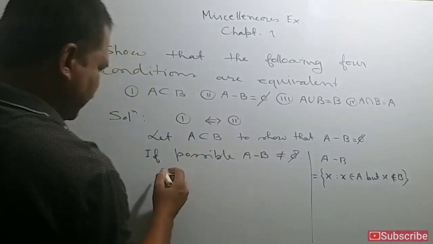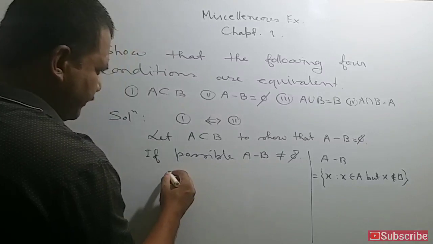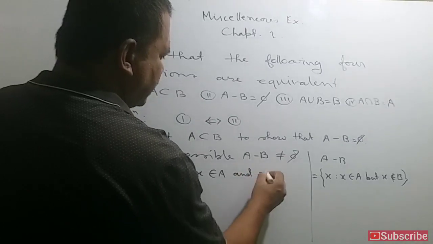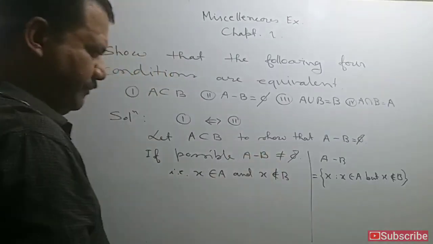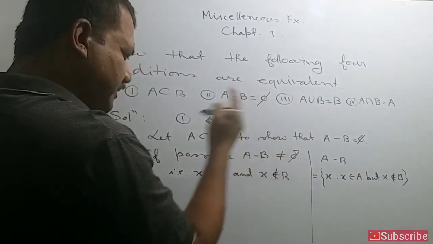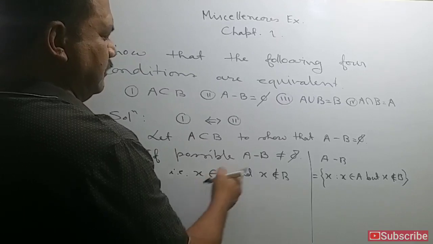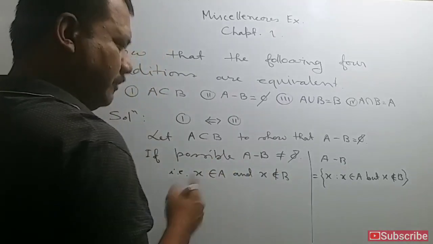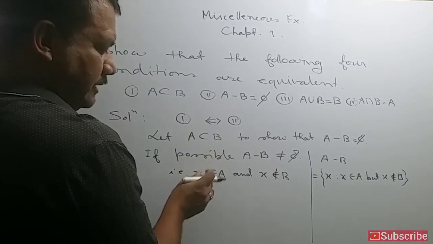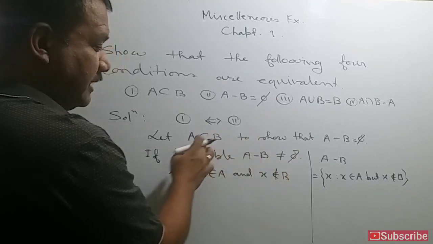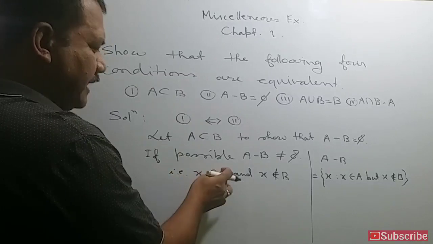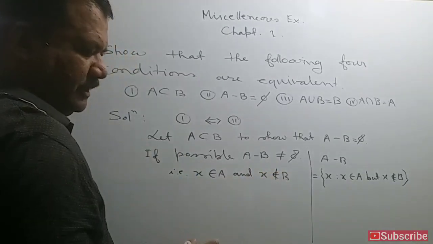That means there are some elements which are in A, that is X belongs to A and X not in B. Otherwise it will be phi, isn't it? Because it is not equal to phi, that means there must be some elements in A but not in B. Okay, but this contradicts our given assumption, because if there is any element which is not in B, it means that A cannot be a subset of B, because the definition of subset says that every element of A is in B, isn't it?